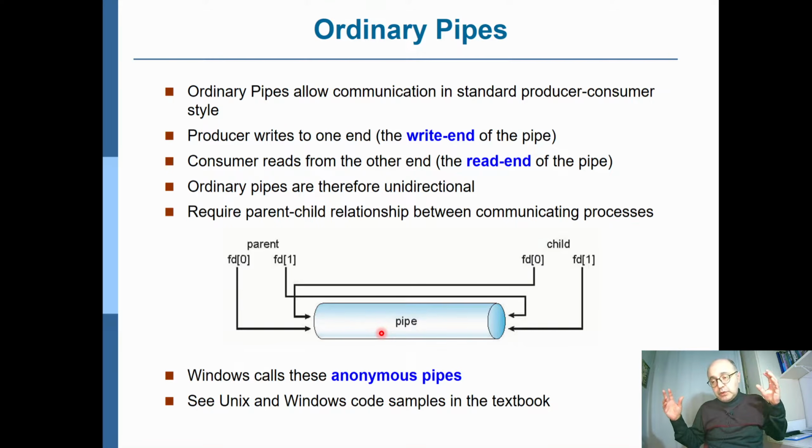From the producer's point of view, say I'm the producer, and next to me, assume there is the consumer process. So from my point of view, if I look at this pipe, this is the write end, and this is the read end for the other one. So this way I will be communicating in one direction. That's why the ordinary pipes are typically unidirectional.